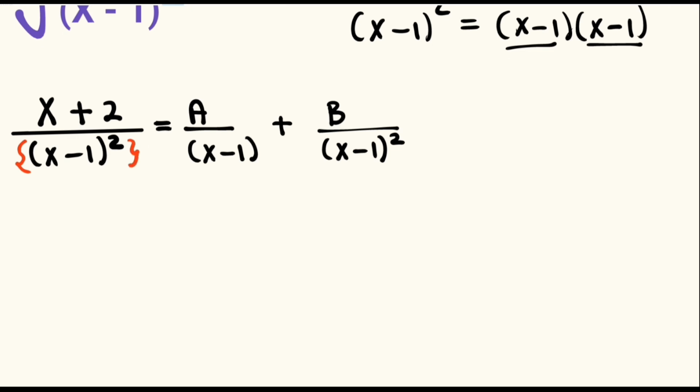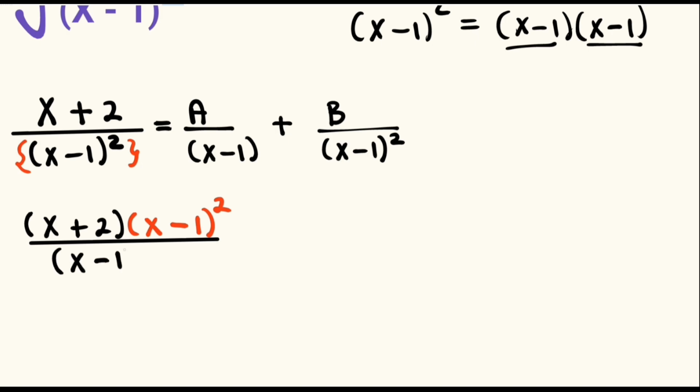So we multiply both sides of the equation by the denominator on the left, the x plus 2. We multiply it by the denominator on the left, the x minus 1 squared, and the left hand side is still divided by the x minus 1 squared. What we do on the left, we do on the right.